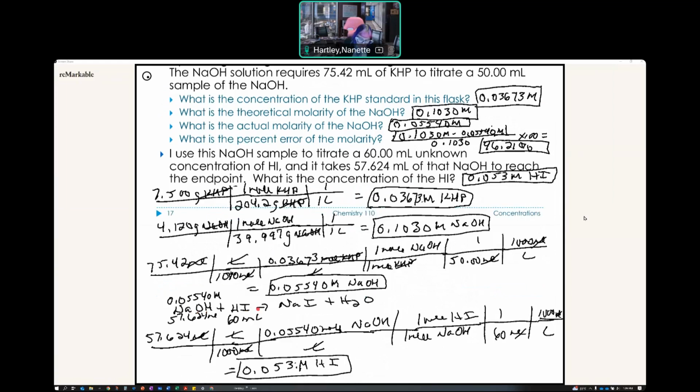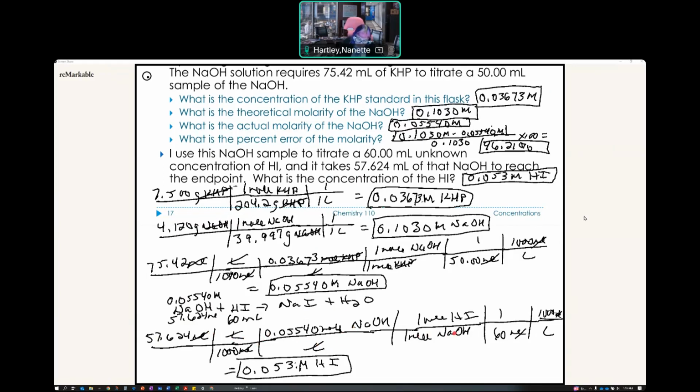NaOH plus HI gives me NaI plus H2O. Use 60 milliliters of this HI solution, 57.624 milliliters of NaOH, and 0.05540 molar NaOH. 57.624 milliliters, convert milliliters to liters, and then I have 0.05540 moles of NaOH per liter. So that cancels the liters and the milliliters. I'm left with moles of NaOH.